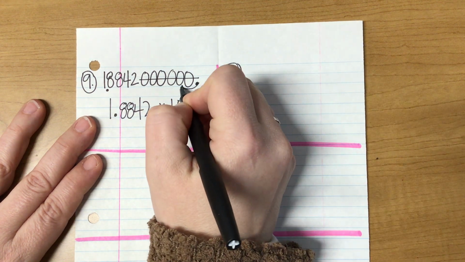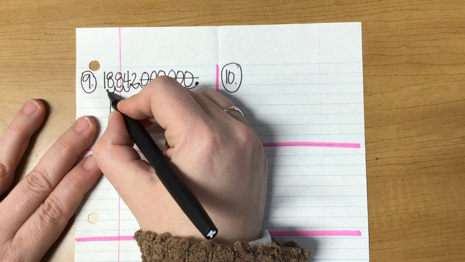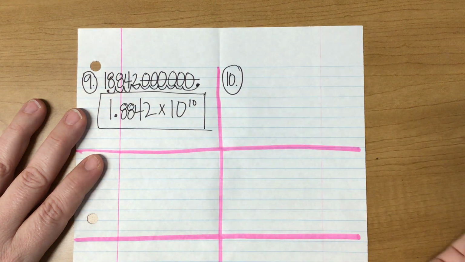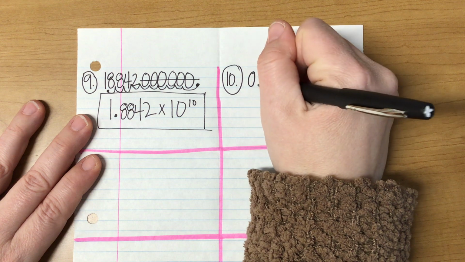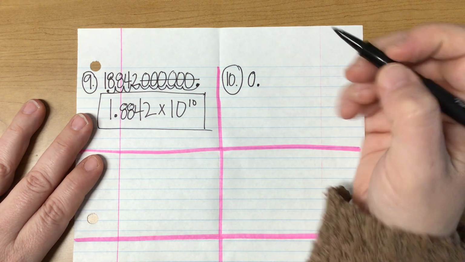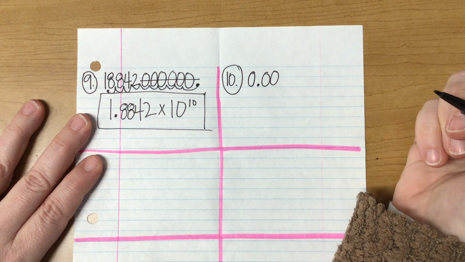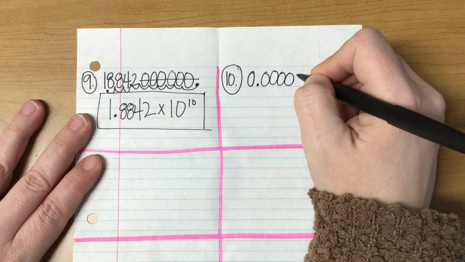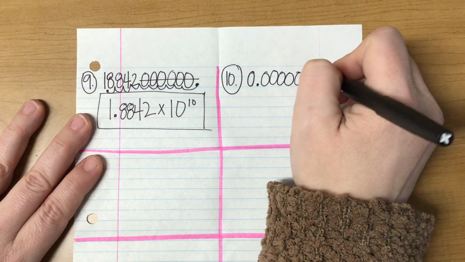I need to move it 1, 2, 3, 4, 5, 6, 7, 8, 9, 10 times. I have to count. 3, 4, 5.